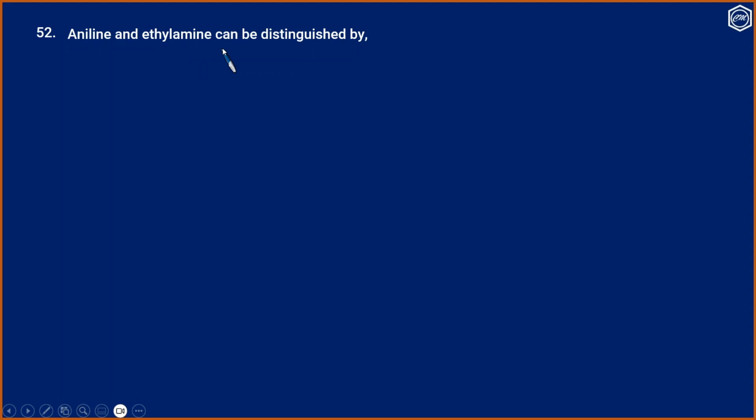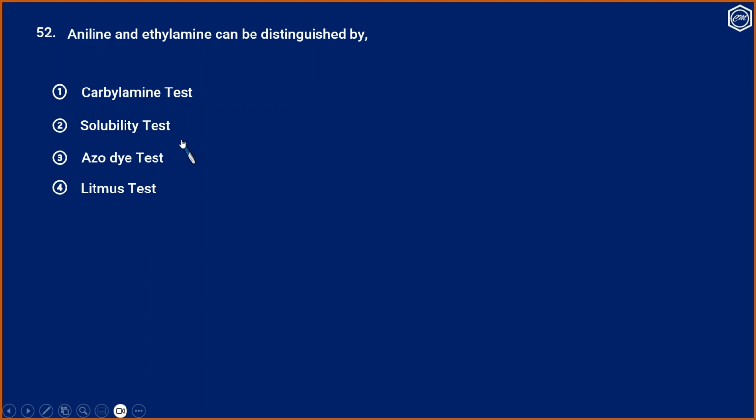Aniline and ethylamine can be distinguished by: 1. Carbylamine test, 2. Solubility test, 3. Azodye test, and 4. Litmus test. And we know that aniline forms an azodye.